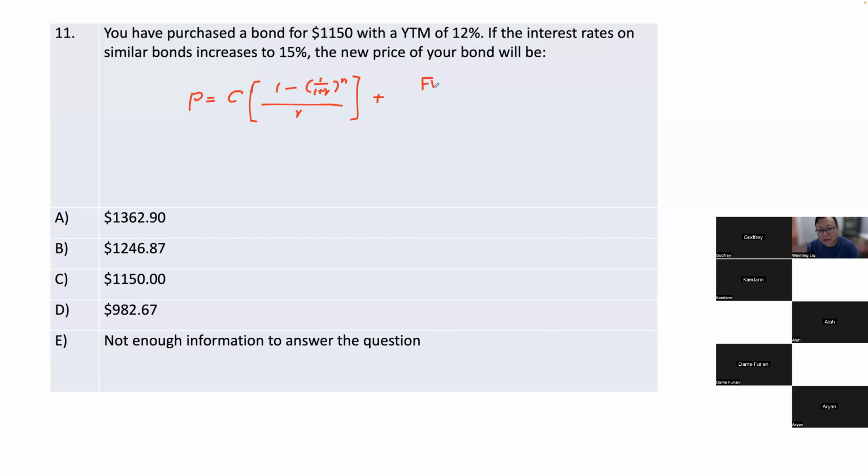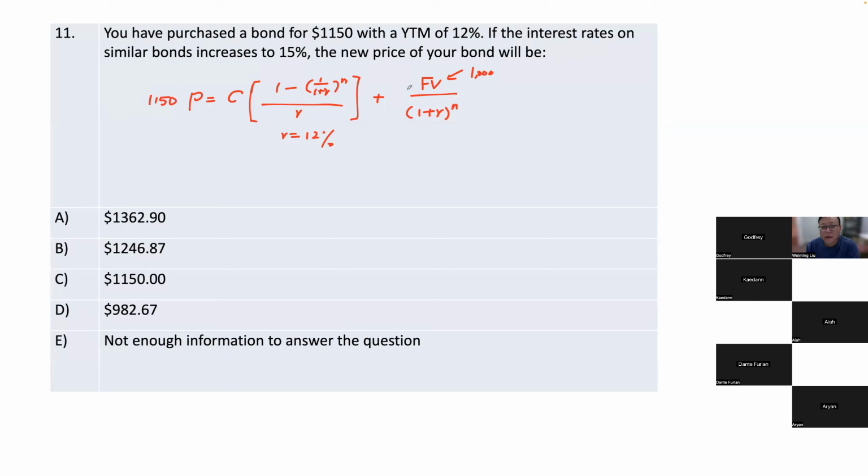You have the face value divided by (1 plus R) to the power of N, right? Okay. So that's actually the pricing model for a bond. So we know the face value. This is 1,000. What we know is if R equals 12%, my price is actually 1150.